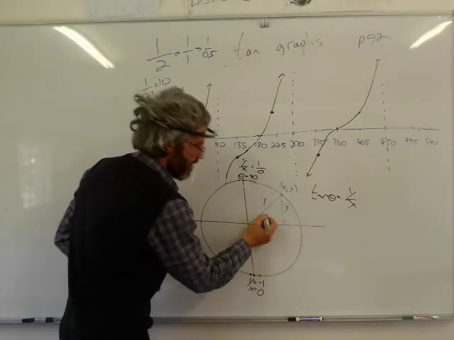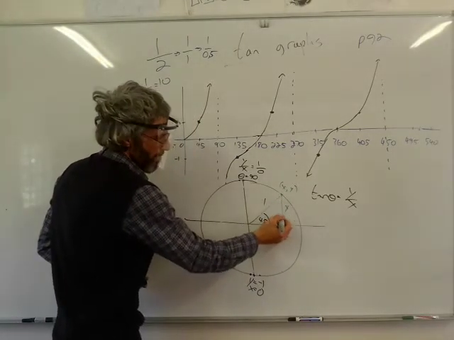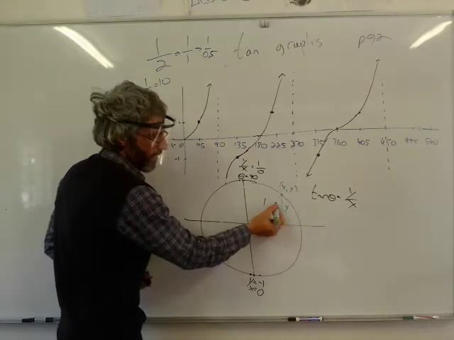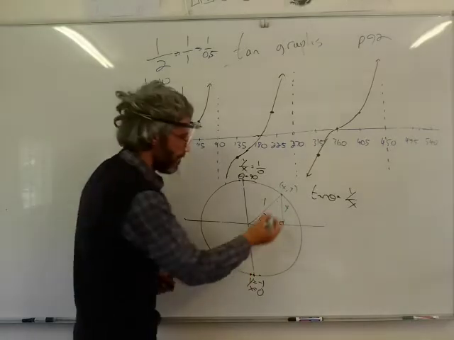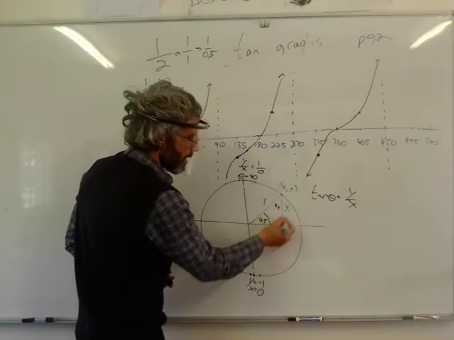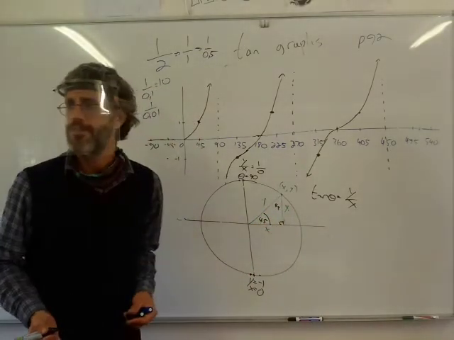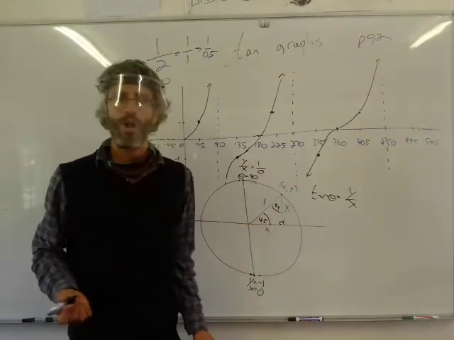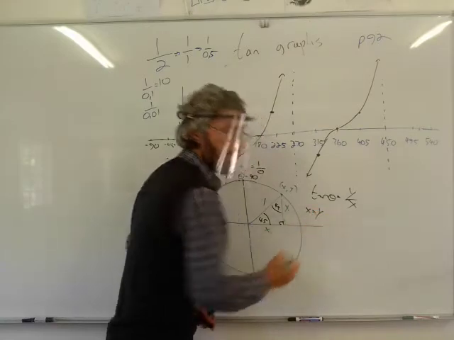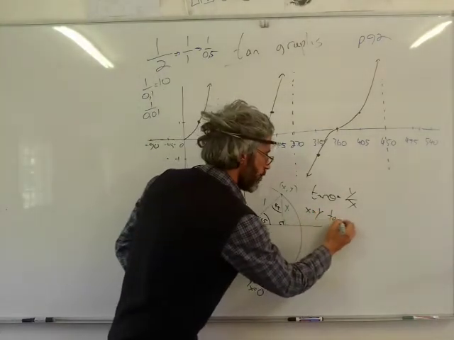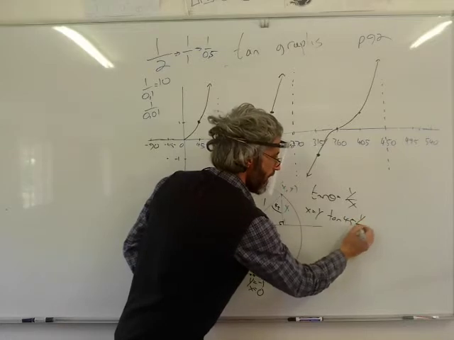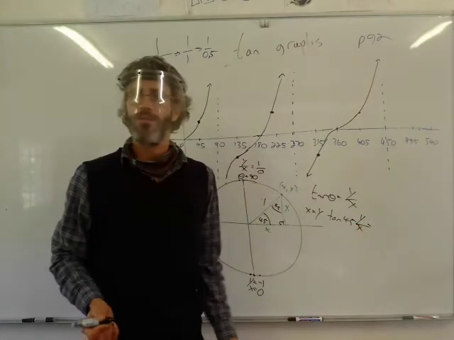When this is 45 degrees, and this is 90, what angle will that be? 45 as well. So what can you tell me about x and y? If this is 45 and this is 45, they're the same, so x is equal to y. So tan 45, which is equal to y over x, is going to be equal to what?